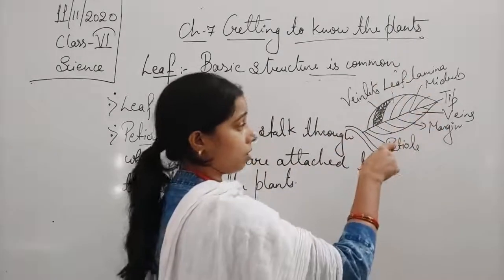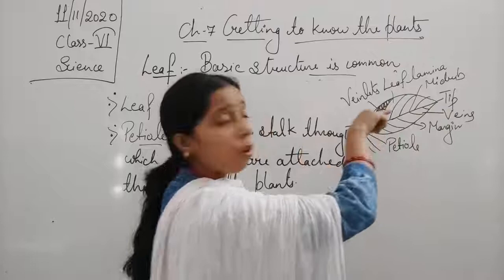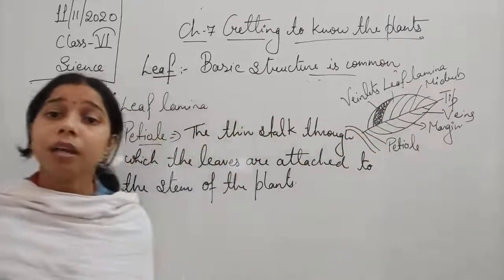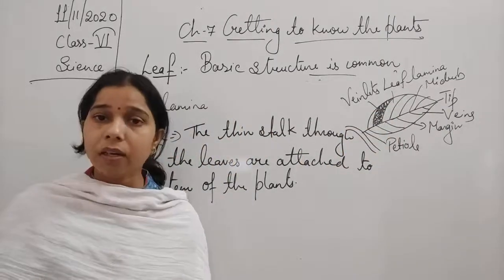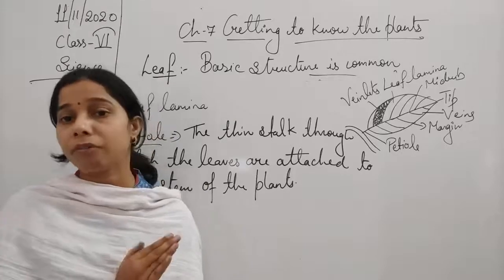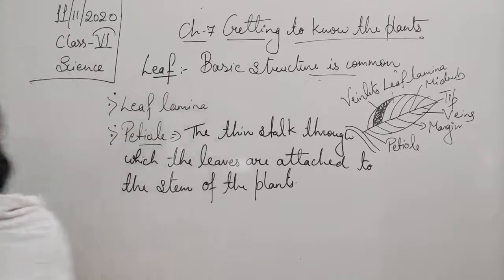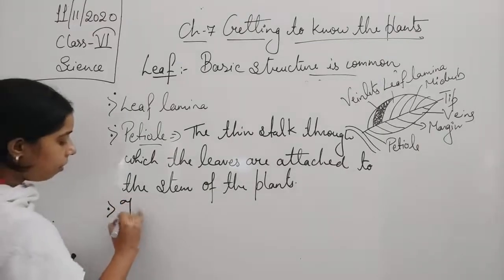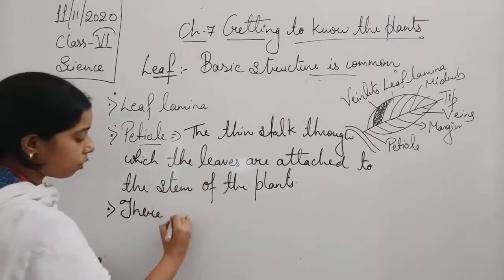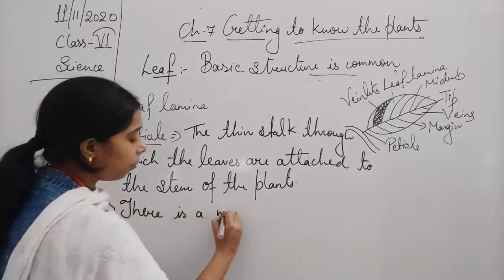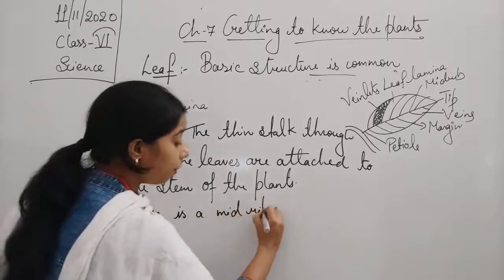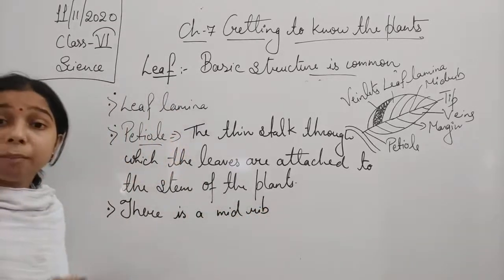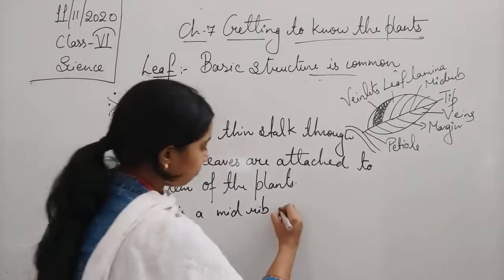Now, since it is going to the middle of the leaf, that is why this main vein which passes through the middle of the leaf is known as the midrib. Okay, so we can say that there is a midrib. If you see the structure, there is a midrib, and this midrib is also known as the main vein.